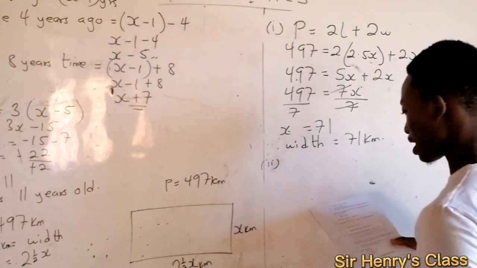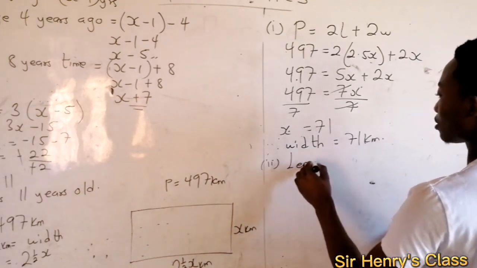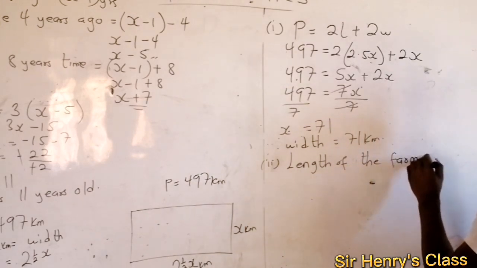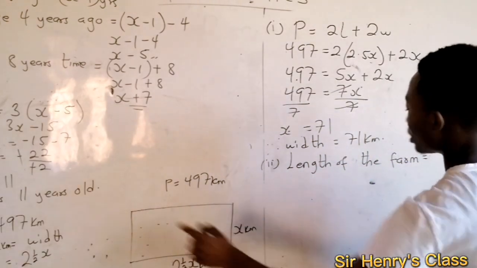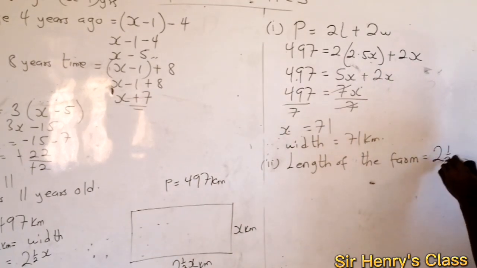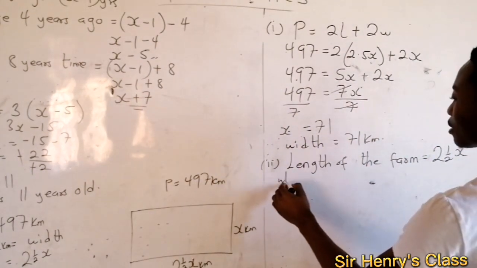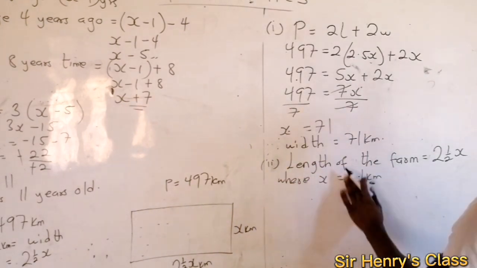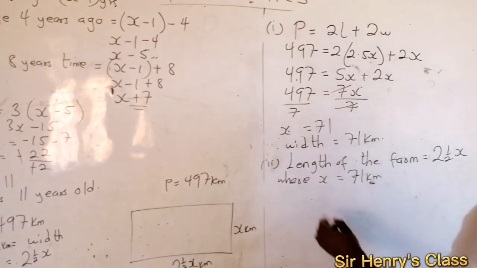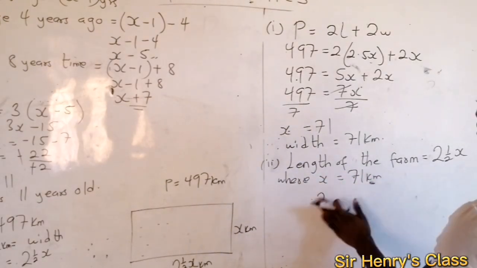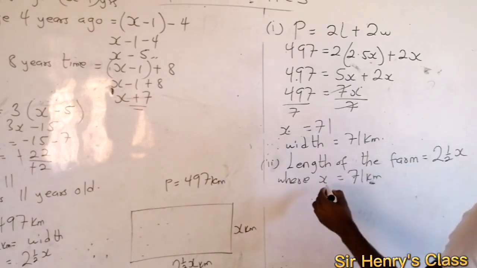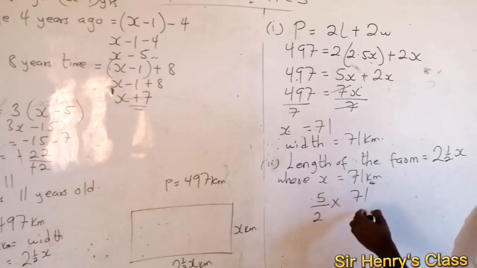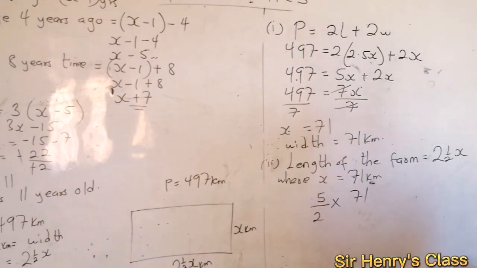Then let's go to the length of the farm. Length of the farm is given by 2.5x, where x, which is the width, is 71 kilometers. So that is 2.5. I will change it to fraction form. That is 5 over 2 times x. x is 71.